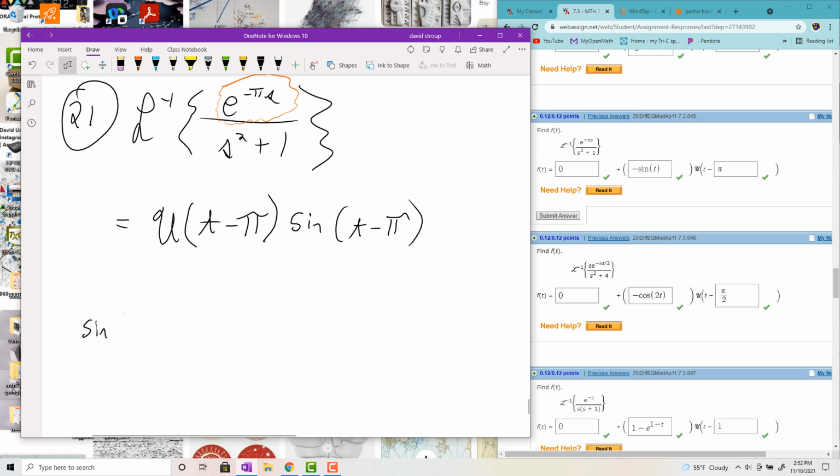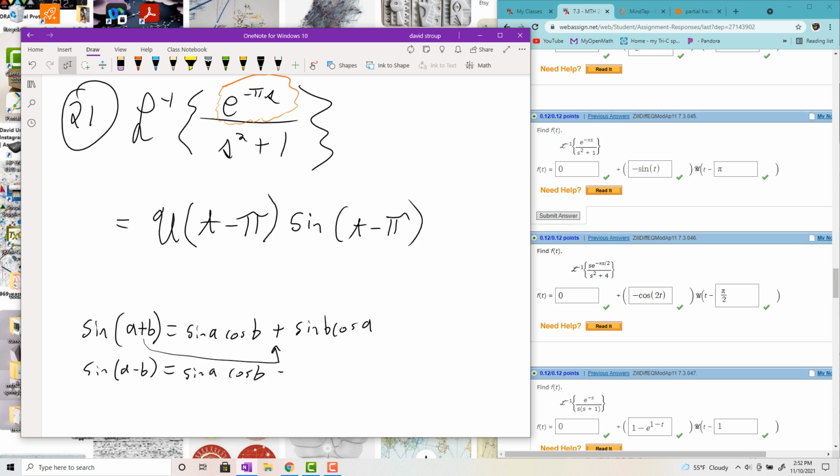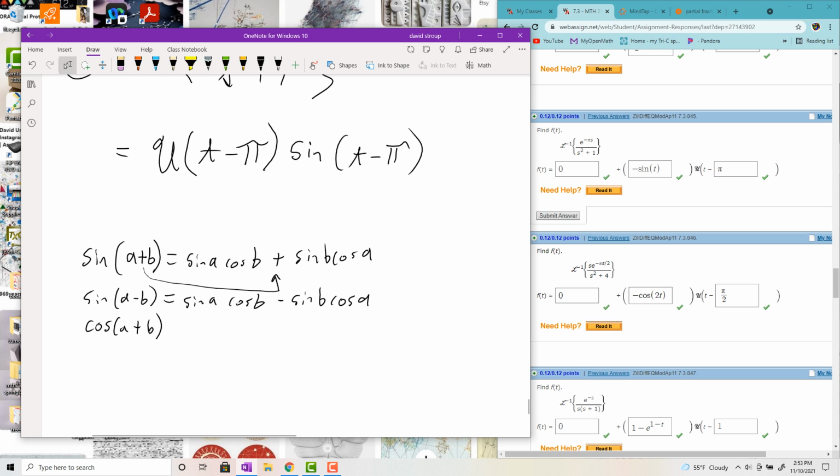It's from the sine formulas, and I call it the couscous formula. So the sine formulas, I call these the same sign formulas. So it'd be sine A cosine B plus, because it has the same sign, plus sine B cosine A. And then sine of A minus B, same thing with the same sign: sine A cosine B minus sine B cosine A. Then the couscous formula, I call it couscous because it always has cosine first.